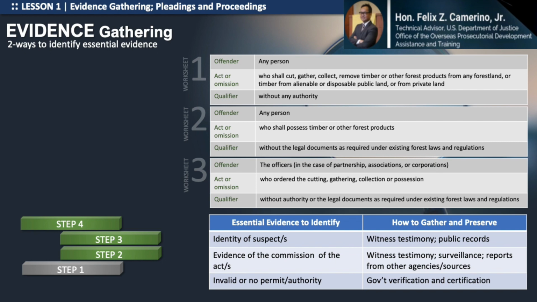So your agency receives that complaint, and surely that complaint will have some details in there on the allegations of a wrongdoing, and so that would be given to you, and based on that you have something to go on to help you answer with, well, not greater, but at least with some specificity as to who the suspects might be and what evidence might exist in the commission of the acts, as well as whether they have permits or licenses.